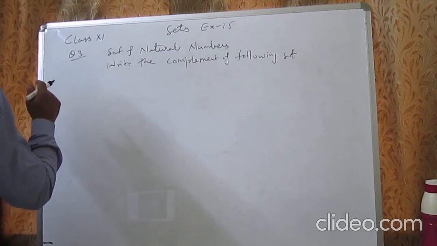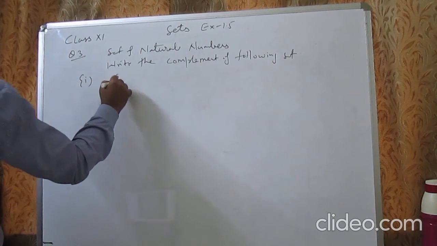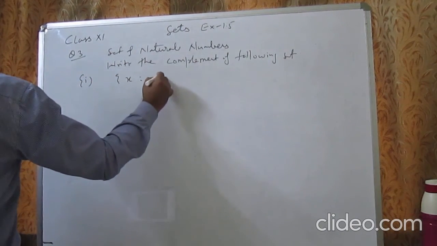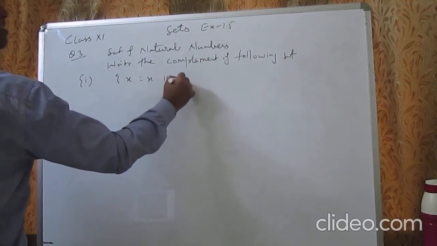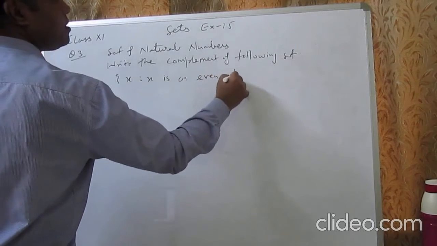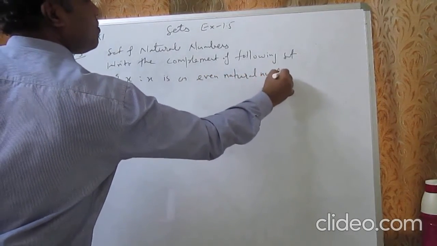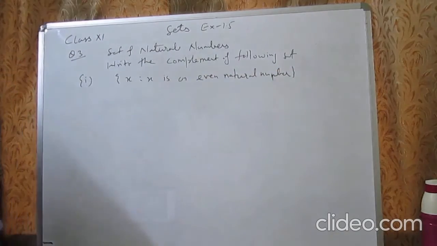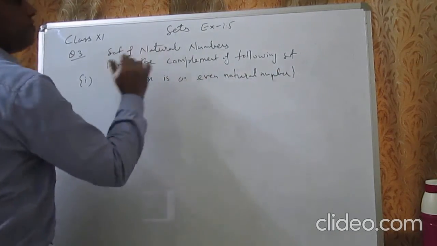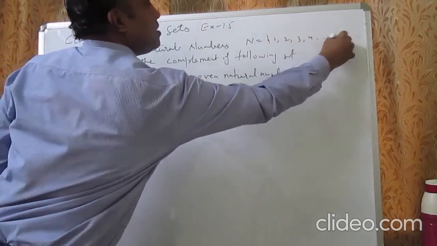First is given to you. Suppose I take first part, x such that x is an even natural number. It is given in set builder form. So the set of natural numbers N will be 1, 2, 3, 4, 5.